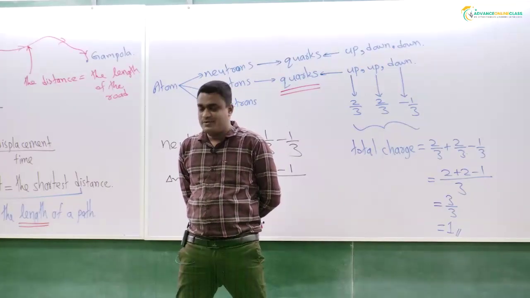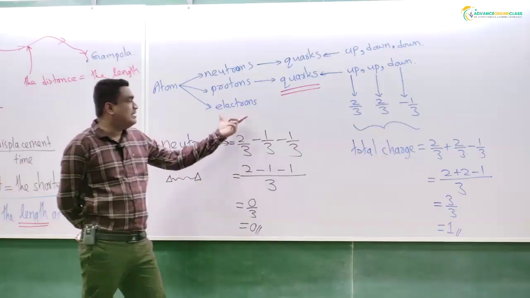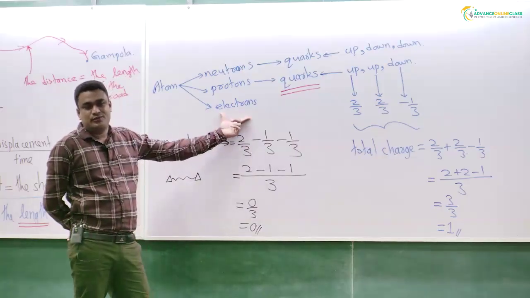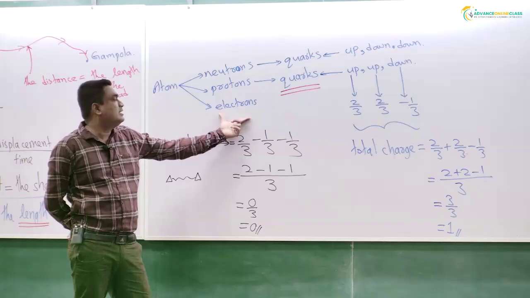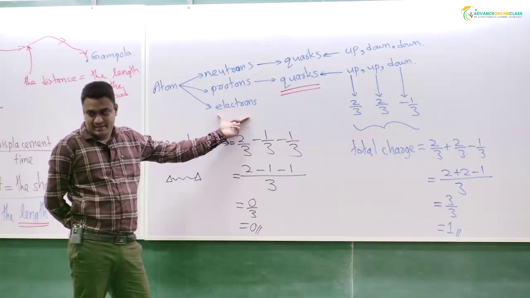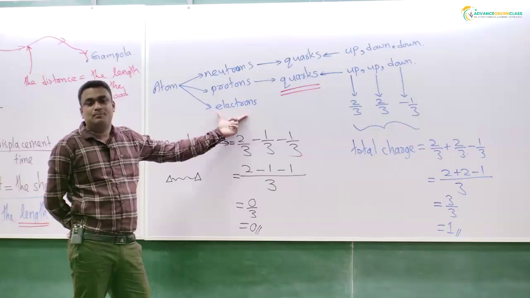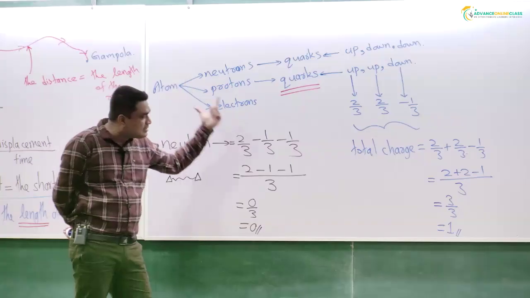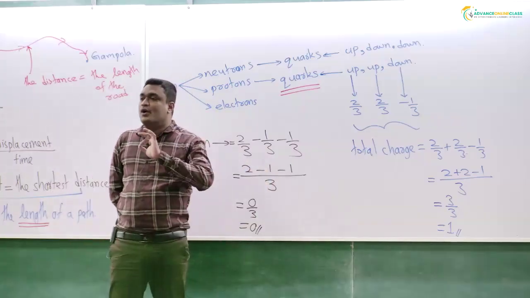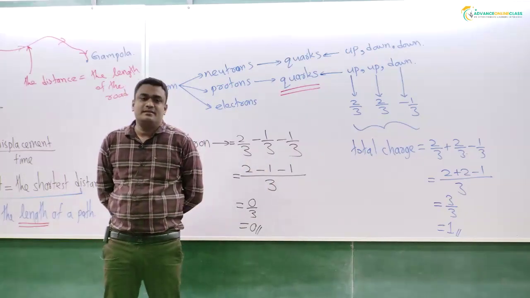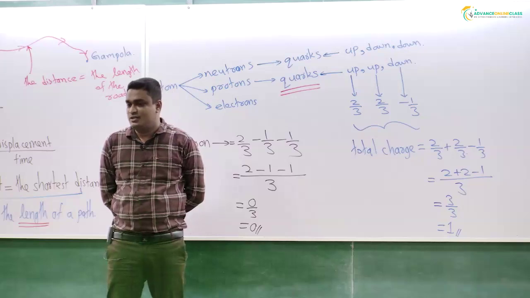Got it? Right. Electrons are also fundamental particles. Still, we are not able to divide electrons. An electron is a member of the lepton family. What family? So all these things you can learn only if you learn physical science subjects in A level, maths, physics, chemistry.